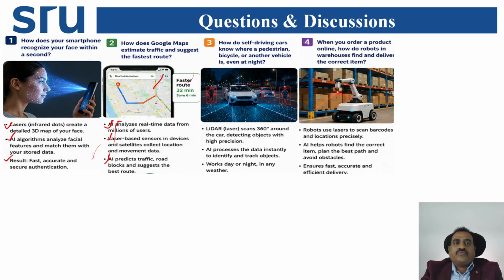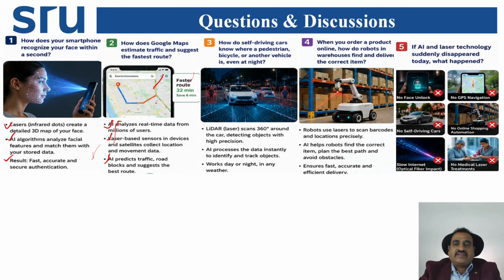In warehouse automation, robots can use sensing technologies to locate products and avoid obstacles, while AI helps with decision making and path planning. Now imagine a world without laser technology and artificial intelligence.